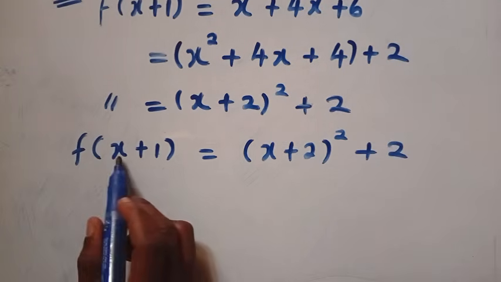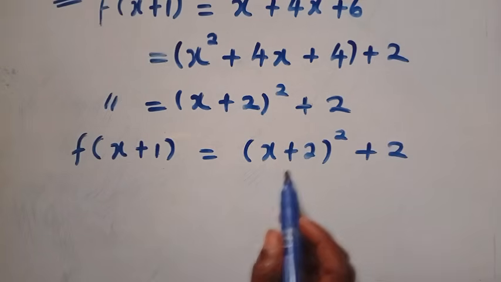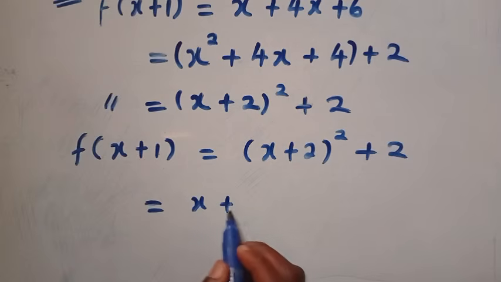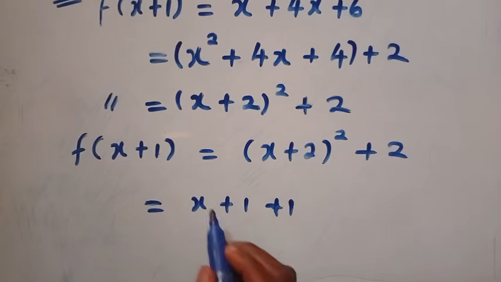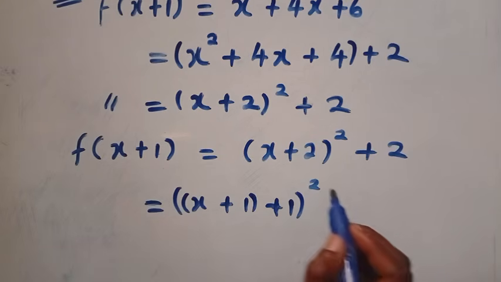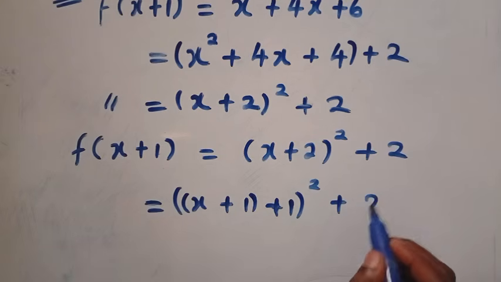So next we have here x plus 1, and here is x plus 2. If I rewrite this side as x plus 1 plus 1, then I bracket this, all raised to power 2, then plus 2.